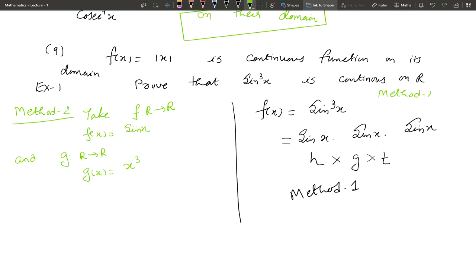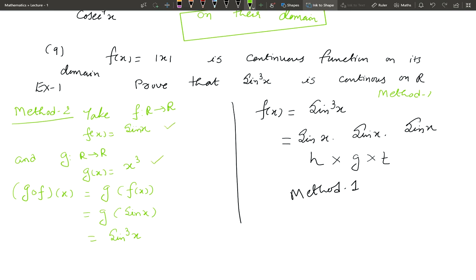Now g of f of x is g of sin x. Now g of x is x cube, so g of sin x is sin cube x. f is continuous, g is continuous.